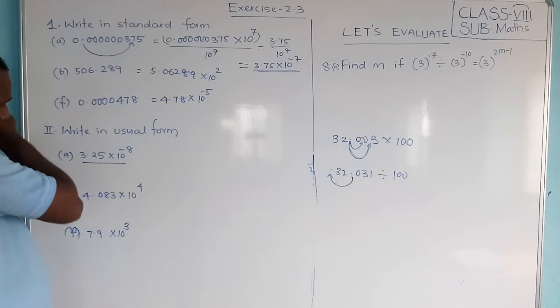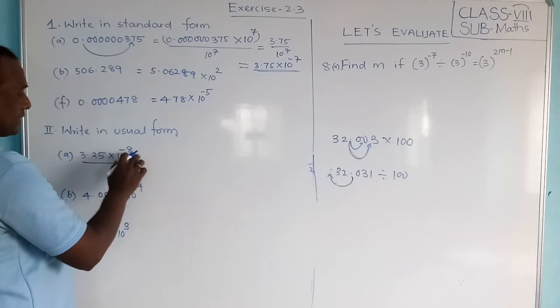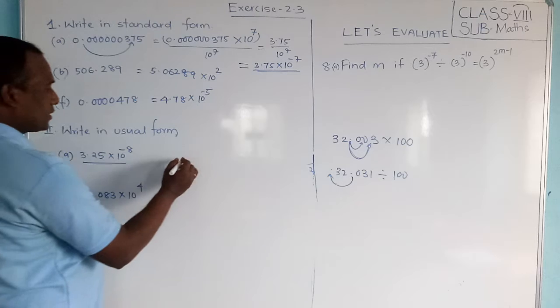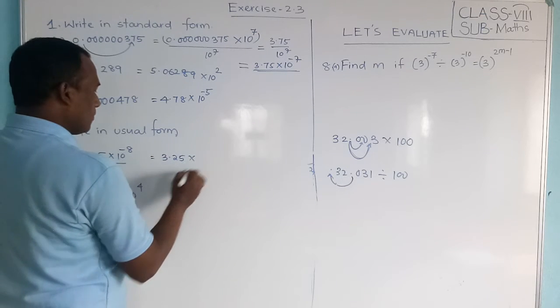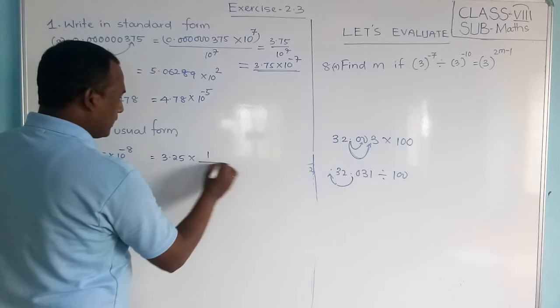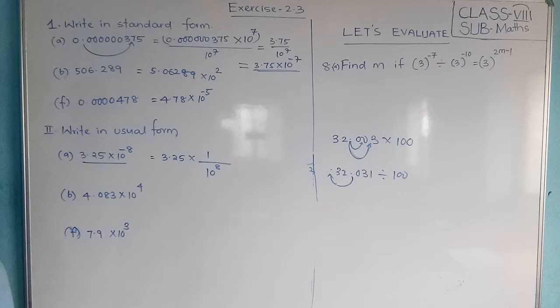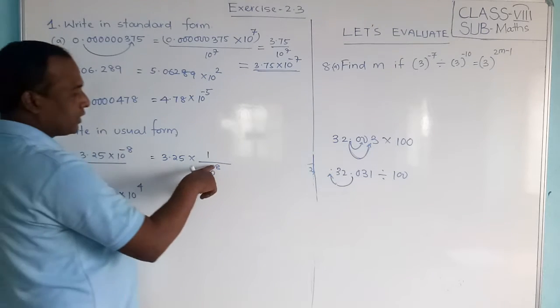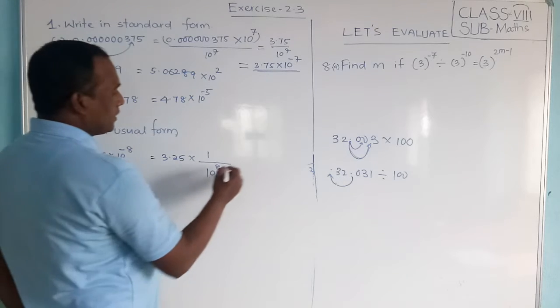So what you have to do, friends, observe: if 10 power minus 8, that is negative, then we can write 3.25 into 1 by 10 power 8. Because of the negative sign it will change, the reciprocal will become 10 power 8.